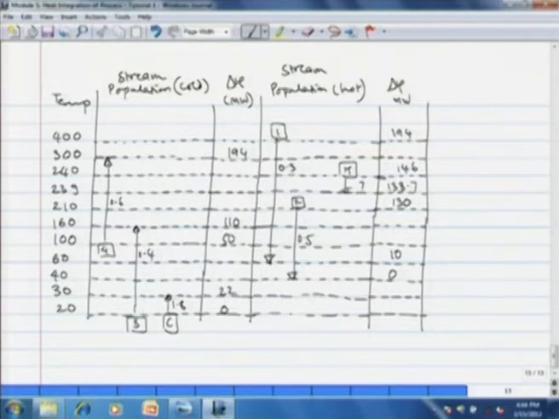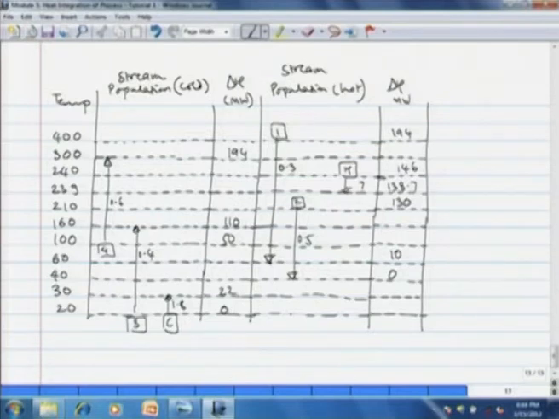Between 30 and 100 we have only one stream, stream 3, and the enthalpy at 100 degrees centigrade is 50. Between 100 and 160 we have two streams, 3 and 4, and the enthalpy at 160 is 110. From 160 to 300 we have only stream 4, and the total enthalpy at 300 degrees centigrade is 194. Similarly, we go for hot streams.